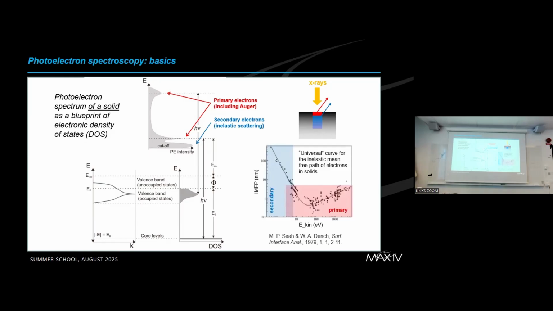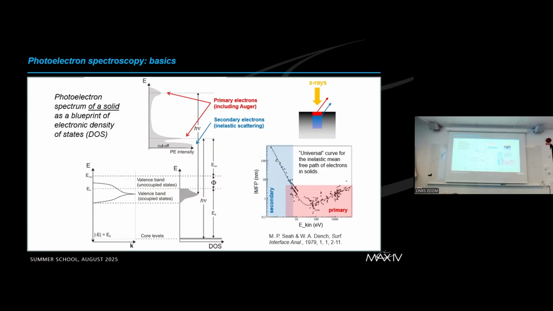This can be explained with the universal curve for the inelastic mean free path of electrons in solids. Essentially, if the kinetic energy is relatively large, like for primary electrons, the electron can easily lose its energy and create some secondary electrons, so it may not reach the surface.